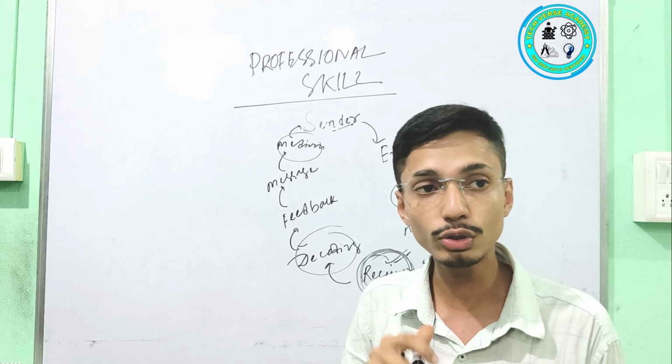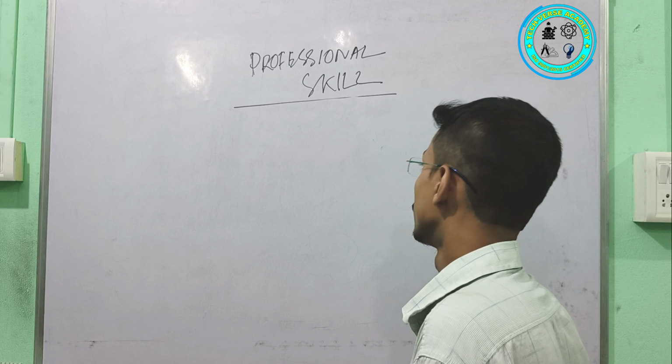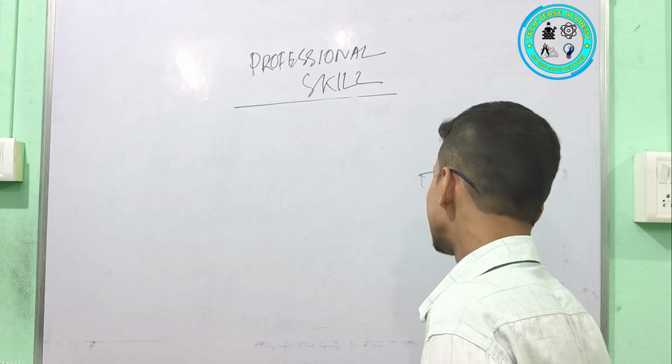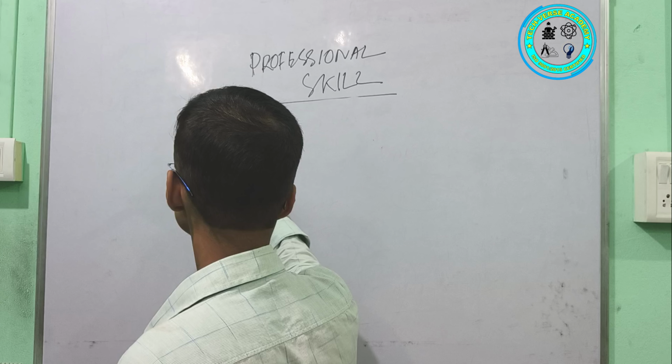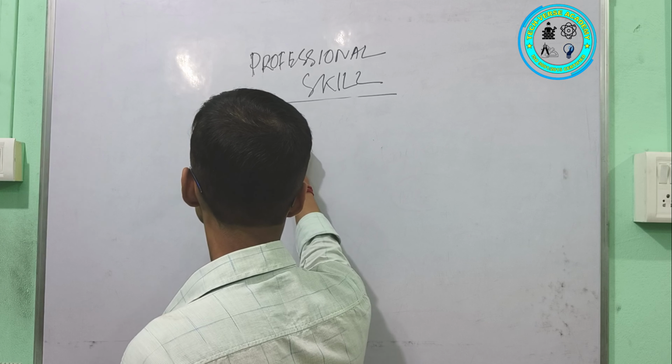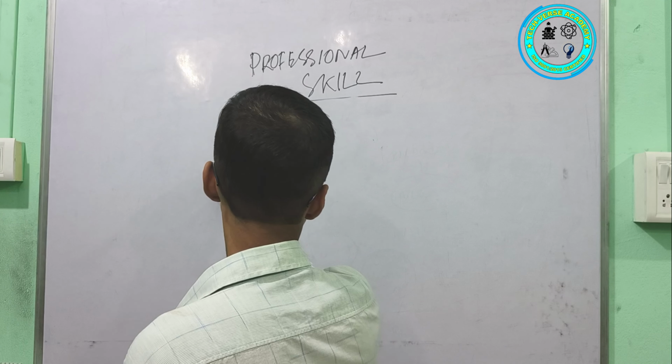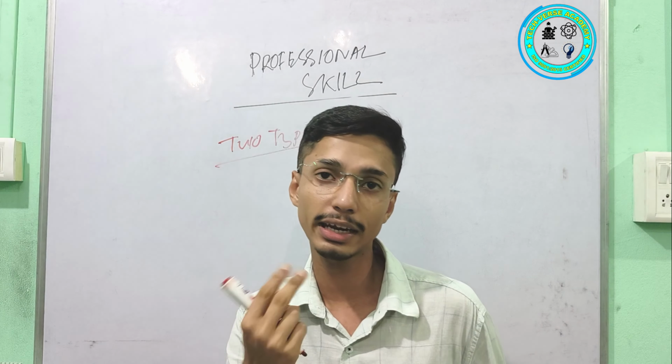Now we have to know the types of communication process in which the sender can send his or her information to a receiver. Mainly, communication process is of two types, based on two individual categories.